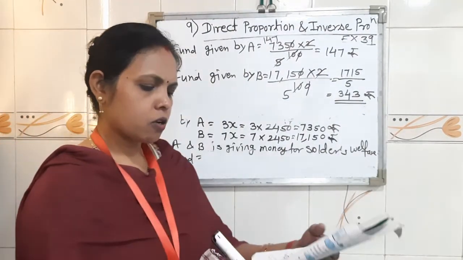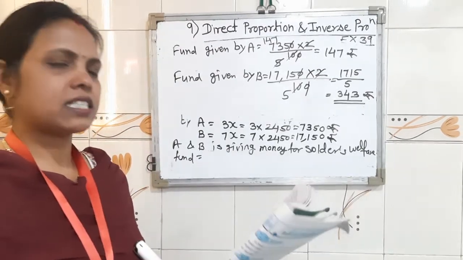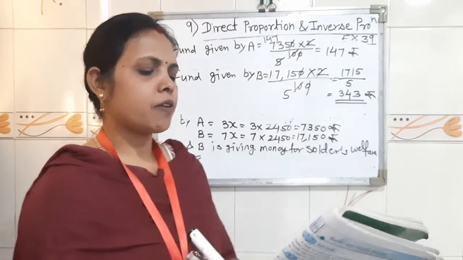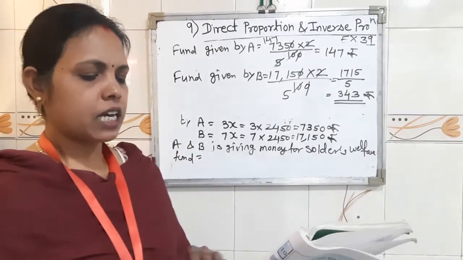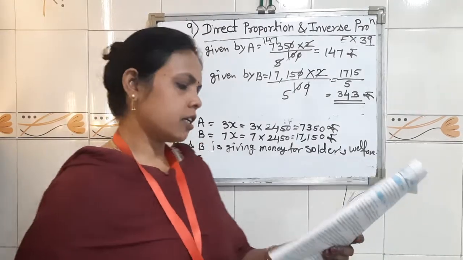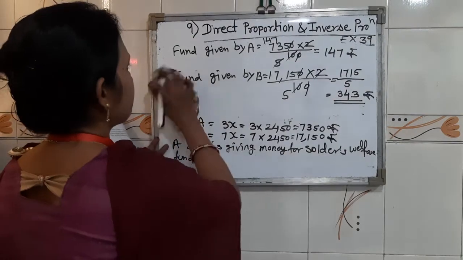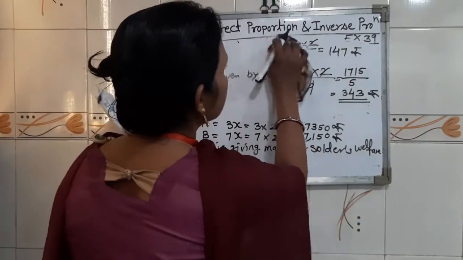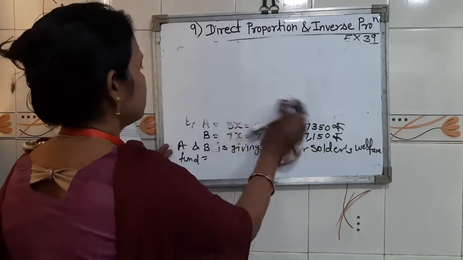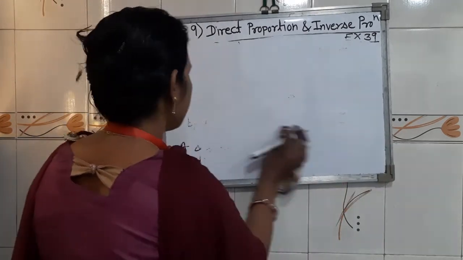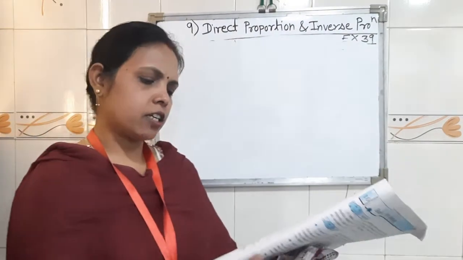So here we have completed 4 questions of practice set 39. Question number 5, you will try by yourself. Here what is given, children? In question number 5, there are 4 partners and they had done investments.